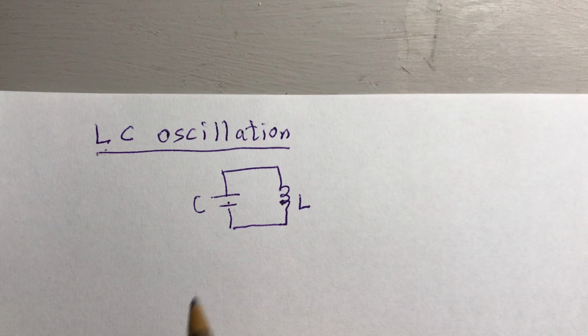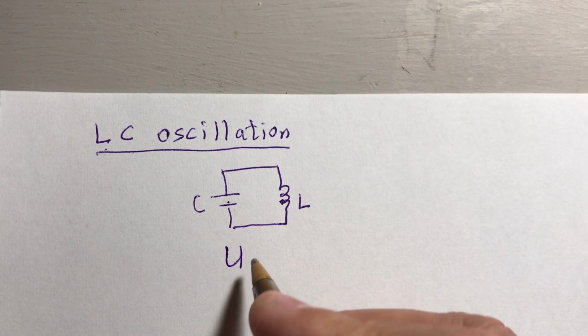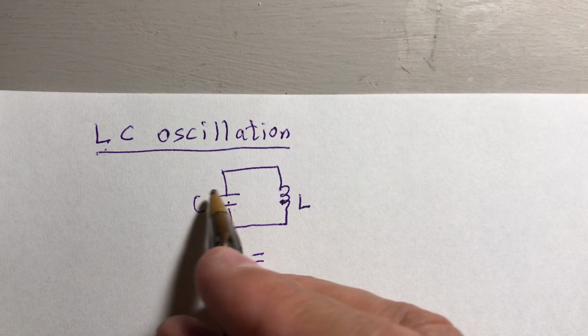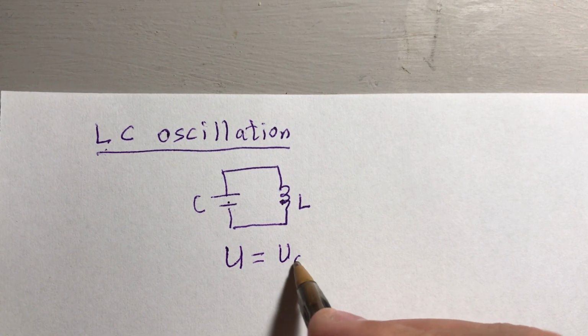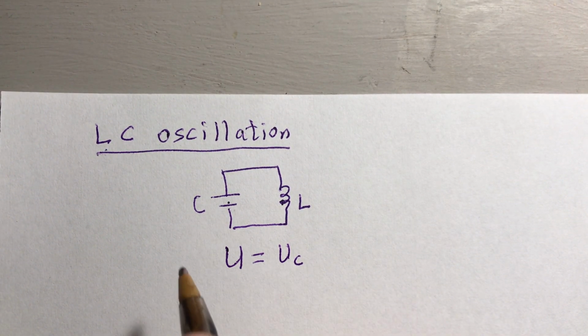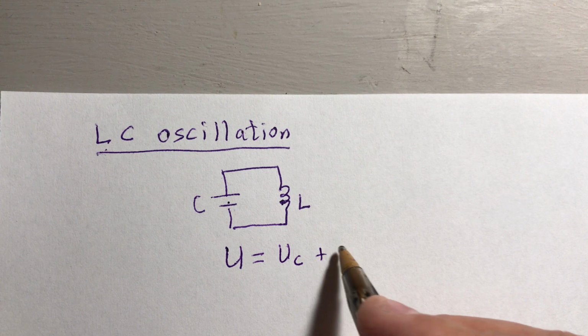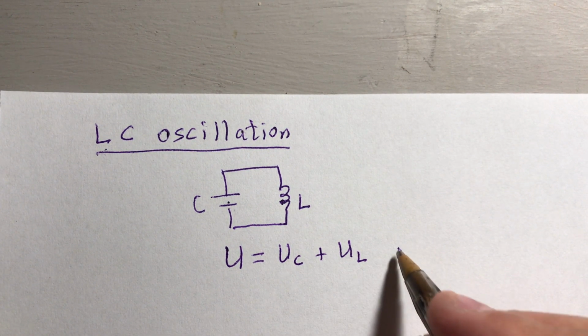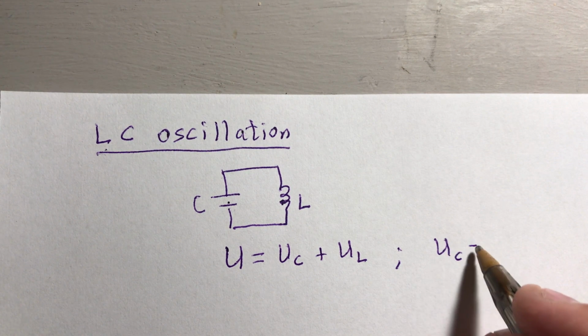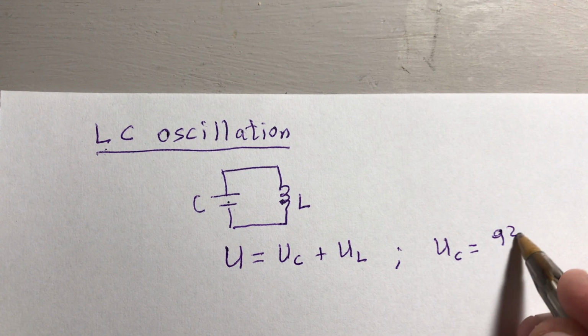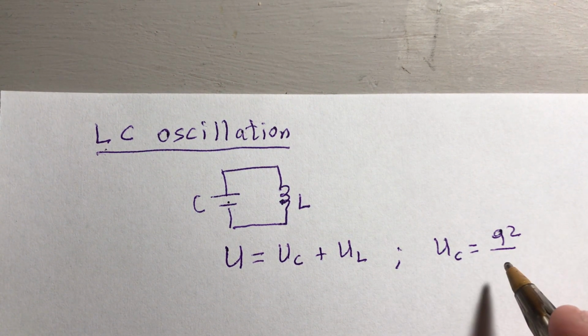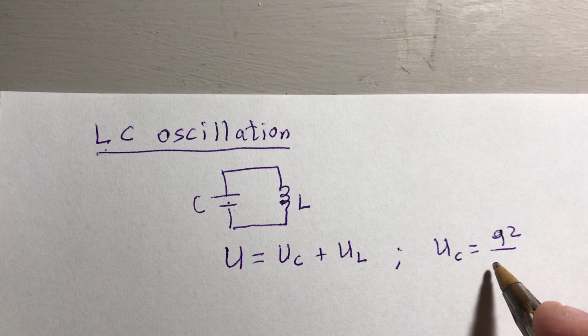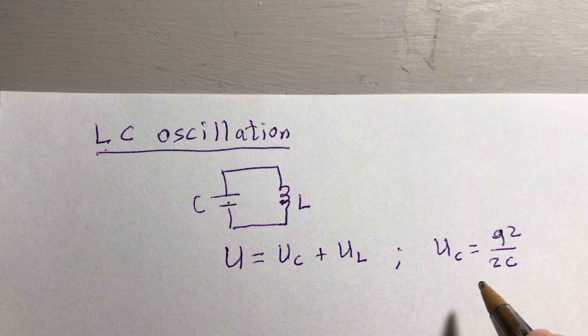We say the total energy of the system is equal to UC, this is the energy stored in the capacitor, plus UL, the energy stored in the inductor. The energy stored in the capacitor, we studied a while ago, before actually the corona break.